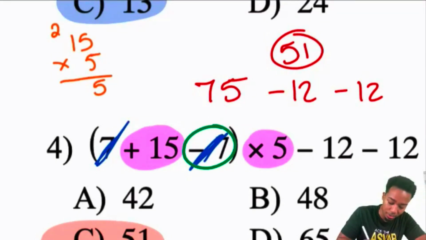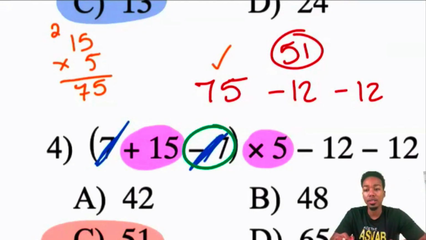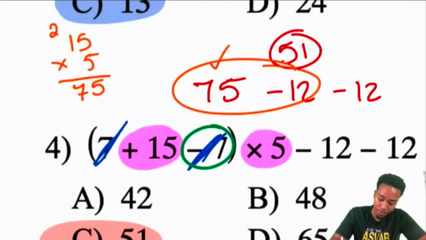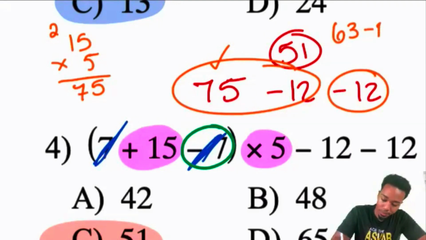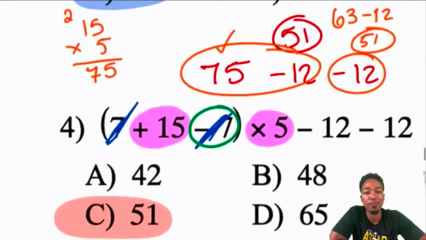Then 1 times 5 is 5, plus 2 is 7. So that is indeed 75. Then 75 minus 12 will give you 63. Then 63 minus 12 gives you 51. So that will still work out just fine. We'll still get 51. So hopefully that clears something up for a lot of us there.